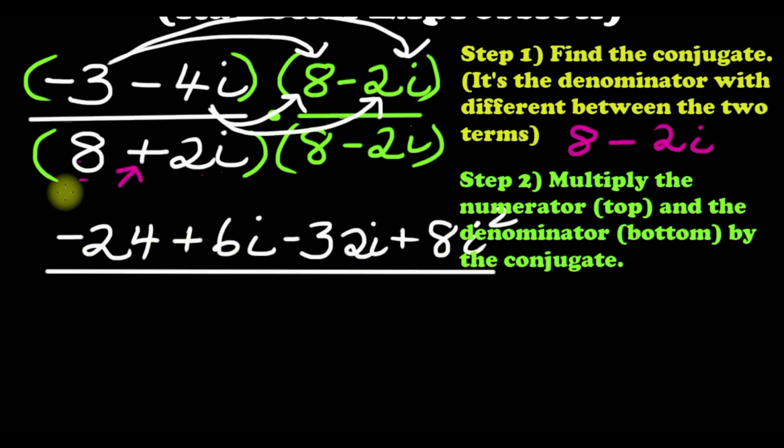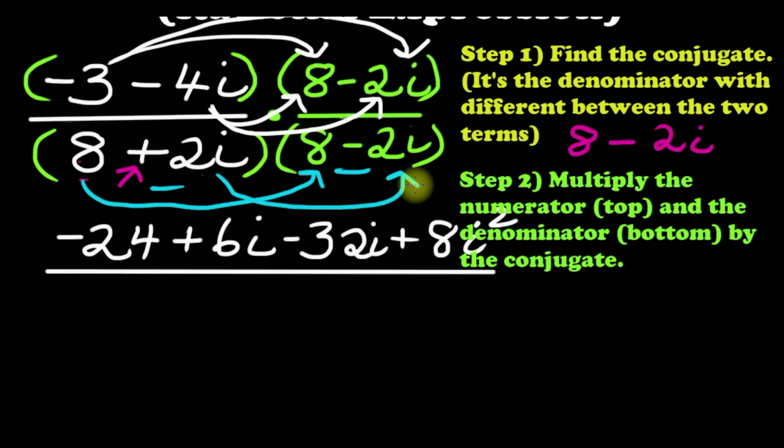And then for your denominator, this is the conjugate of this. You can save time by just multiplying the 8 with the 8 and then the positive 2i with the negative 2i. Because if you were to do like you did up top, the second term and the third term, they're just going to add up to 0.